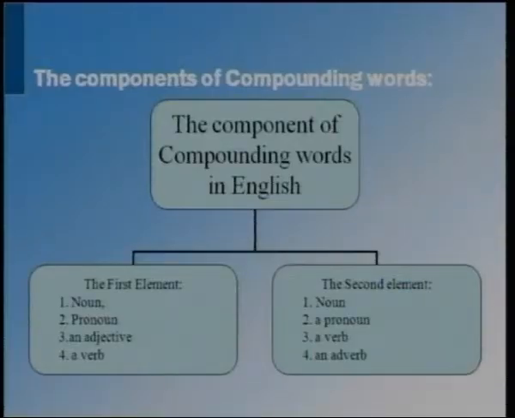We have compounds where the first element is a noun or pronoun or an adjective or a verb. Once we say, for example, armchair, the first element is a noun.